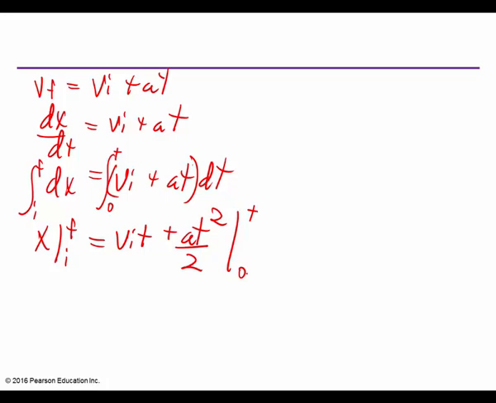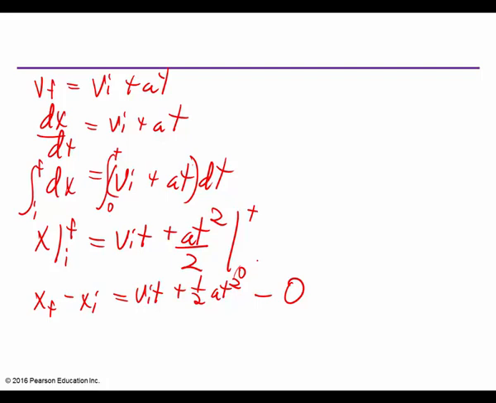Now let's solve for this. We plug in our known values. X final minus X initial is equal to, well, t at 0 is 0, so we don't have anything at 0. For t, it's Vi t plus 1/2 at squared, and minus 0 because of the 0 on your integration.